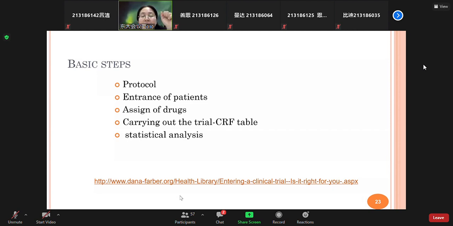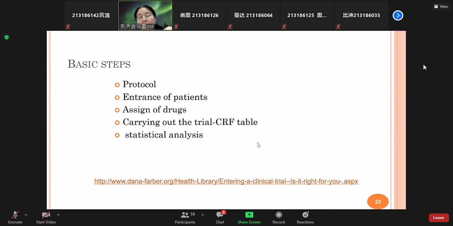And then you have to enroll the patients, assign the treatment to patients, and collect the information based on the case report form. Then analyze the information from the patients and prepare the report.